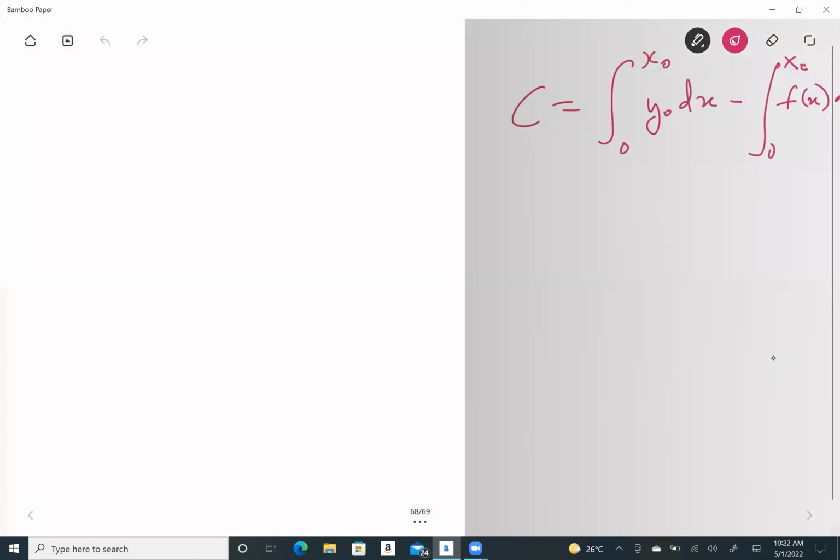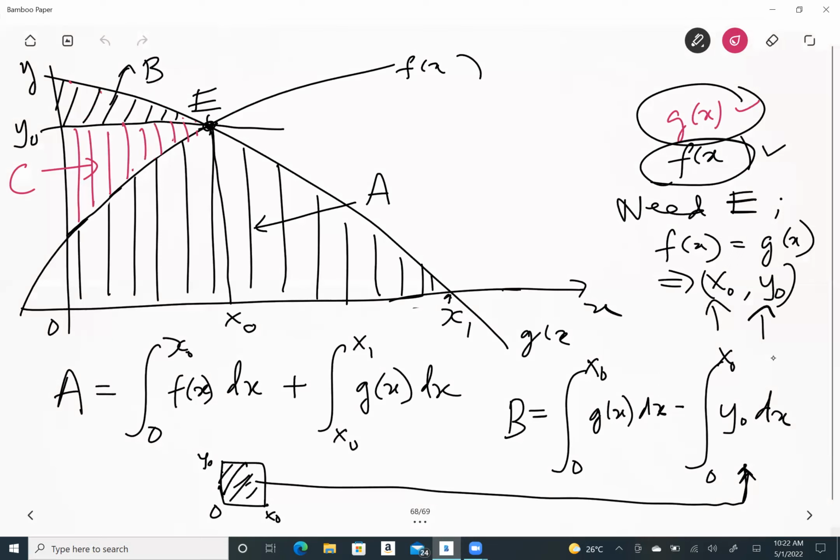Okay, we go back to the line now. Suppose I want to find area D. How can I find area D?